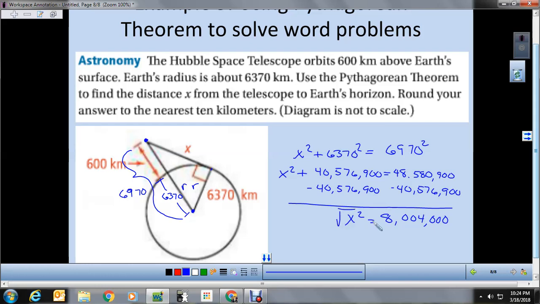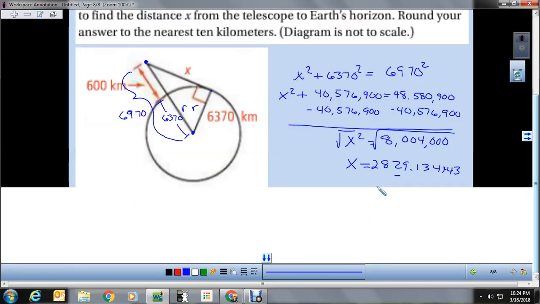Take the square root of both sides, and x is going to be approximately 2829.13413. It says round to the nearest 10 kilometers, which means the tens place is right here, so the 2 is in the tens place. The 9 is going to round it up to 2,830 kilometers.